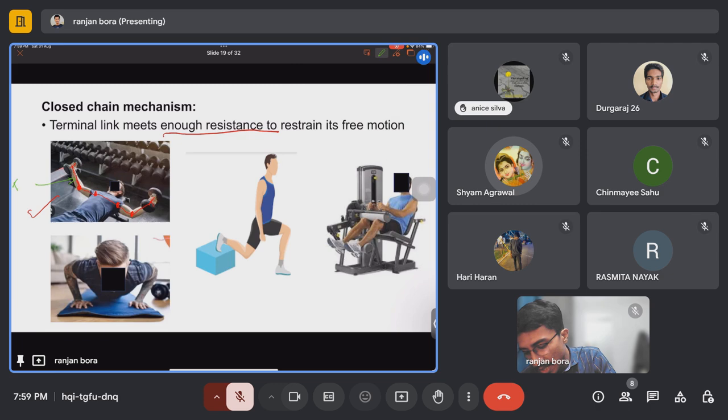This is the terminal link. So is there any restraint on the terminal link? Does the terminal link rotate freely, or is it constrained? Is the movement blocked by some other constraints? Is it a free joint or a constrained joint, the terminal link?